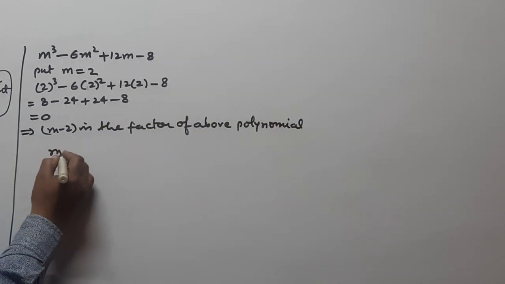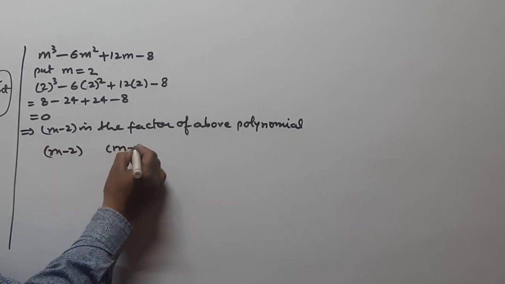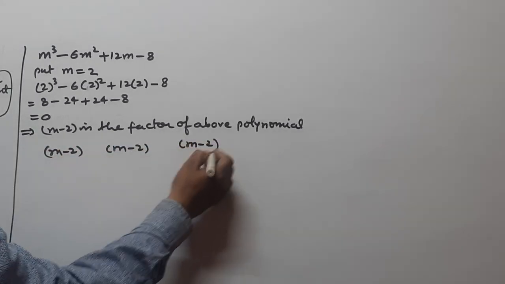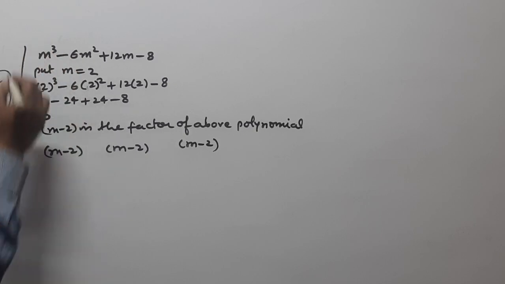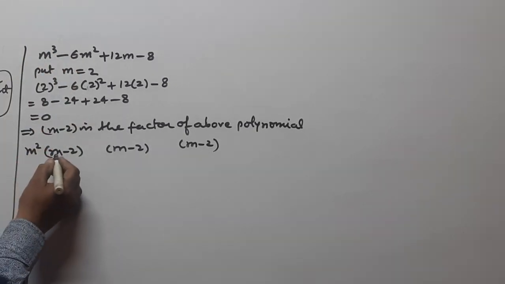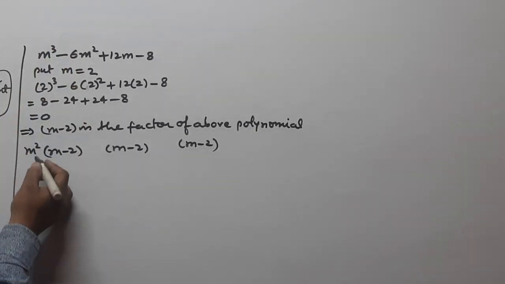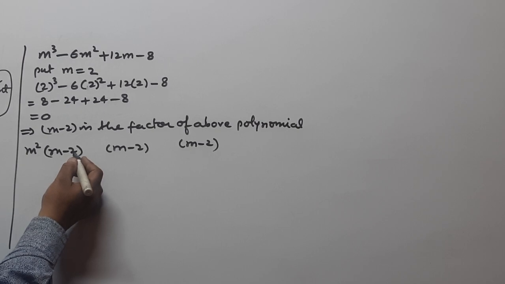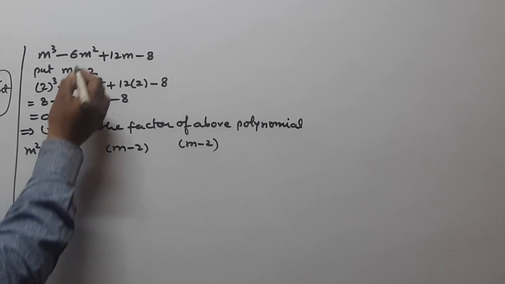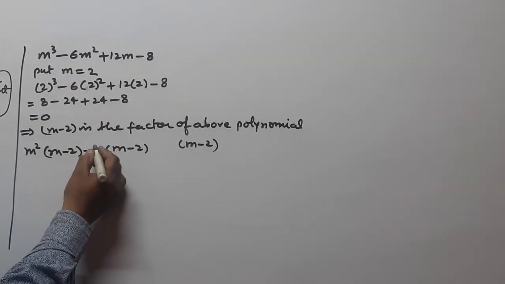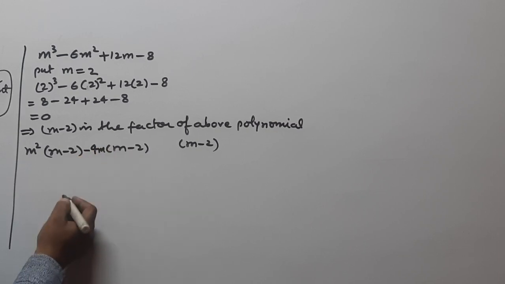Now we write m minus 2, 3 times. Here this is m cubed, so m squared multiplied by m gives m cubed. M squared multiplied by minus 2 gives minus 2m squared. Here it is minus 6m squared, so we multiply here minus 4m.